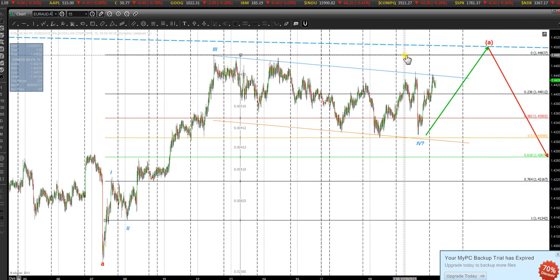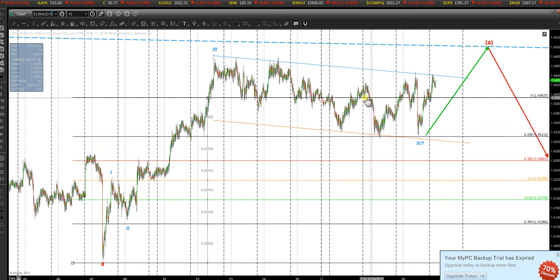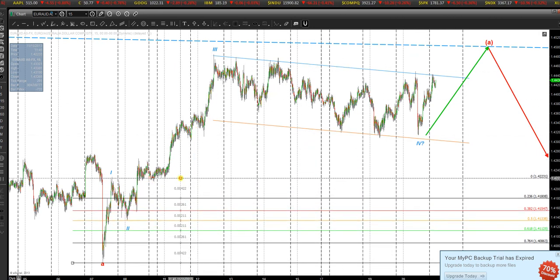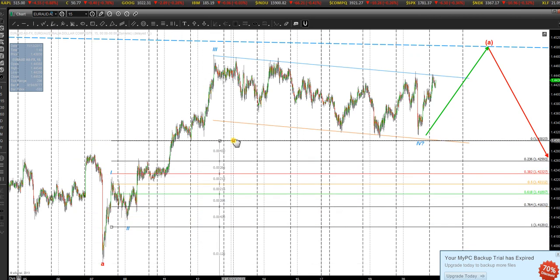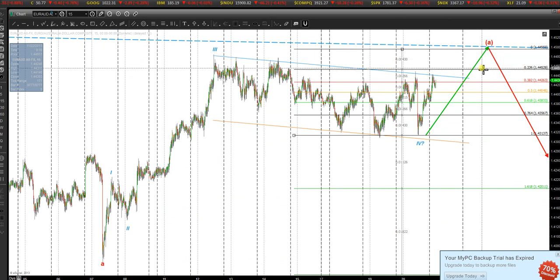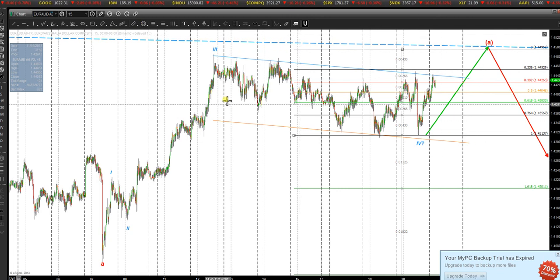The reason I'm seeing that prices will push towards that descending trend line is that I'm expecting a 100% move of wave 1 or something close to that, and that would put us right at that descending trend line at 145. So I'm definitely looking for prices to push towards 145 and then correct to give us that B within this larger wave B.